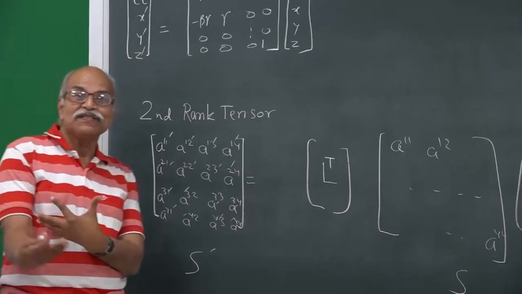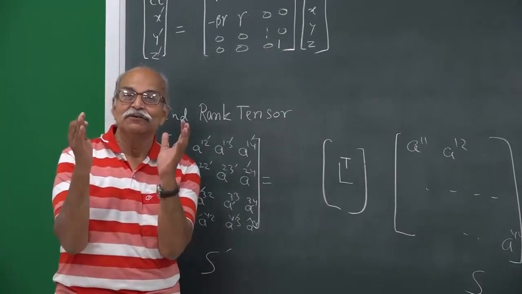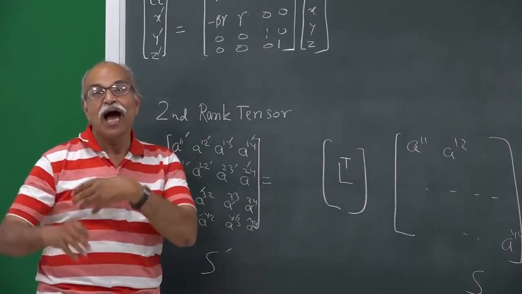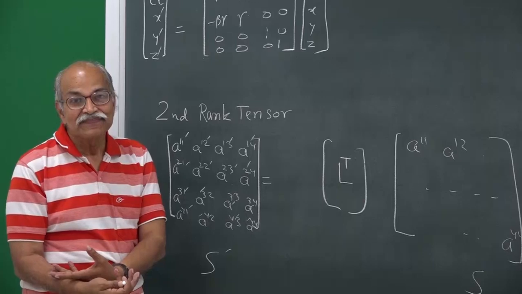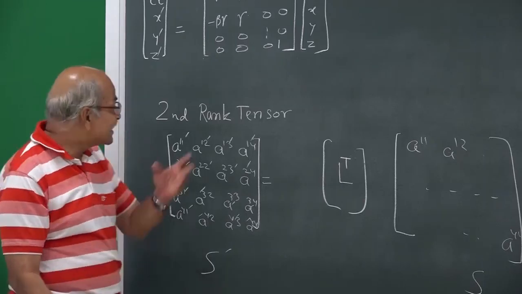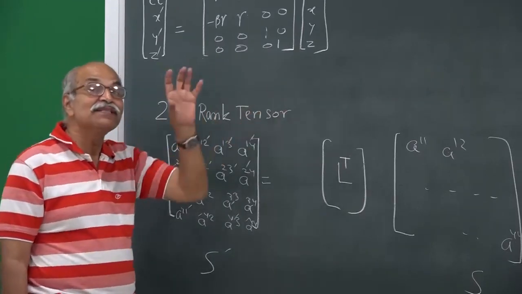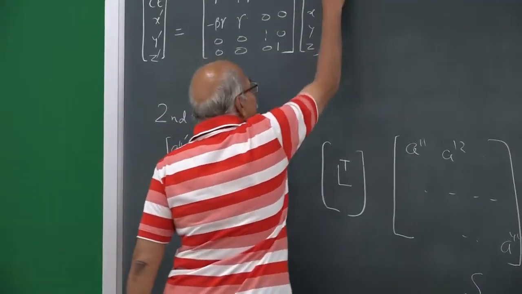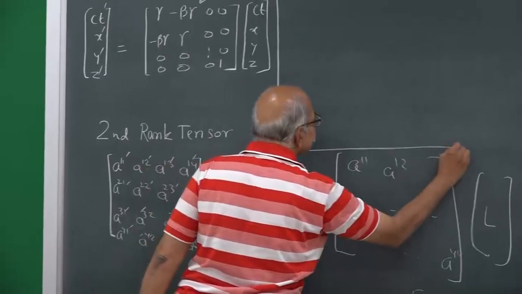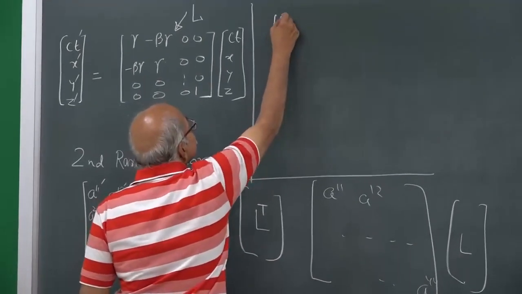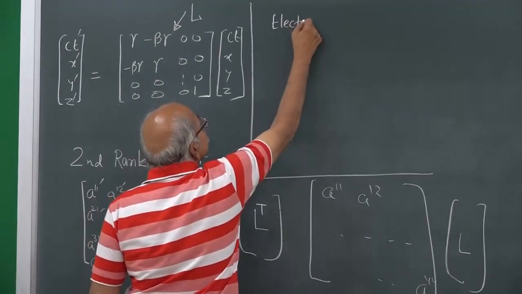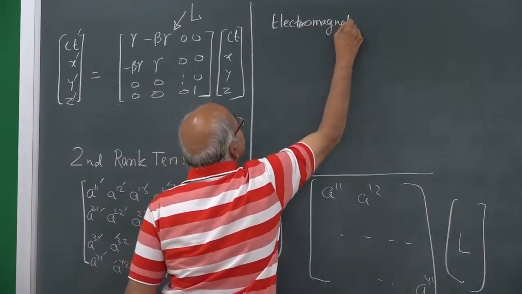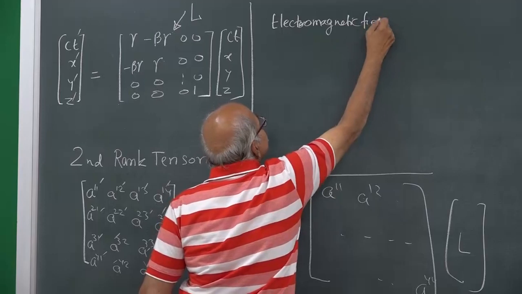And it so happens that these Ex, Ey, Ez, Bx, By, Bz happen to be second rank tensor components in some fashion. So, let me write what is that. We call it electromagnetic field tensor.